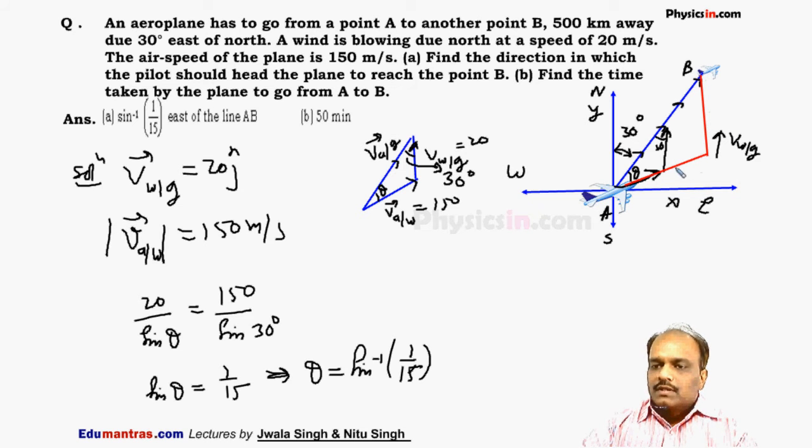So we can say the distance moved by the aeroplane is 150 into t, and this is 20 into t, and this is 500 into 10 to the power 3.